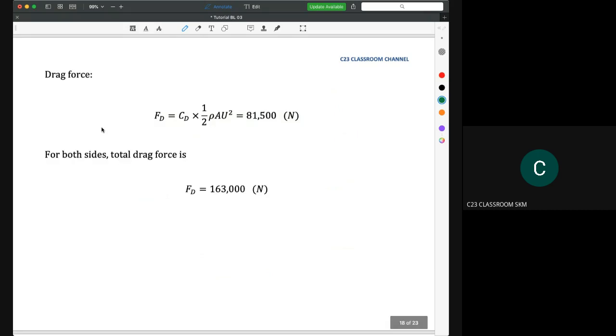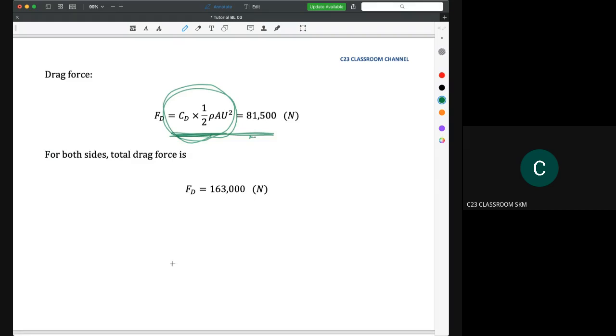Then we calculate the drag force. This is the equation: FD is equal to CD times 1 over 2 rho A U squared. We get 81,500 Newtons.